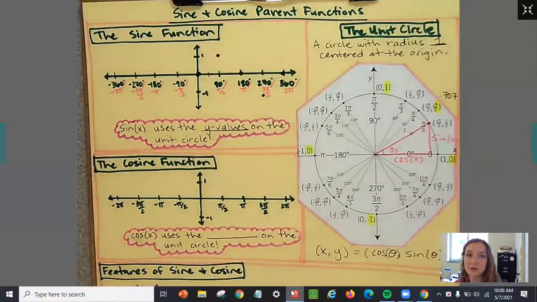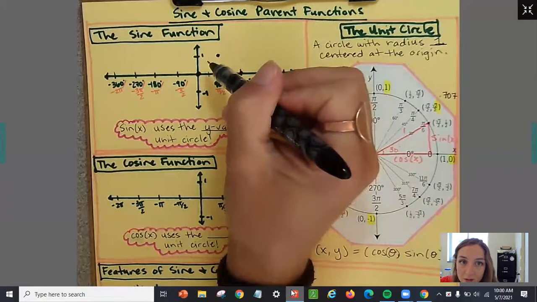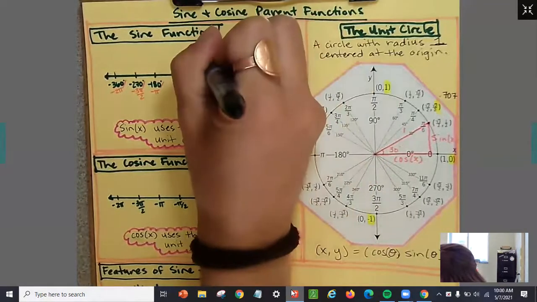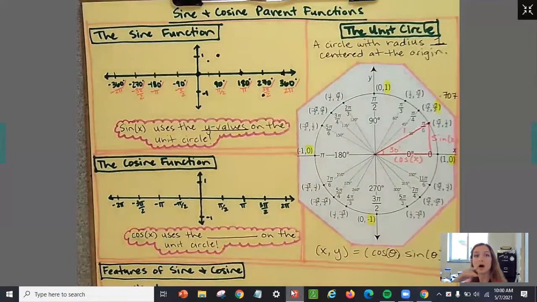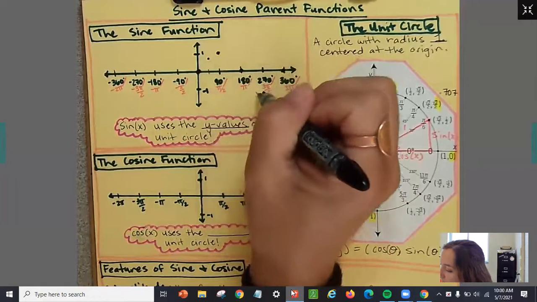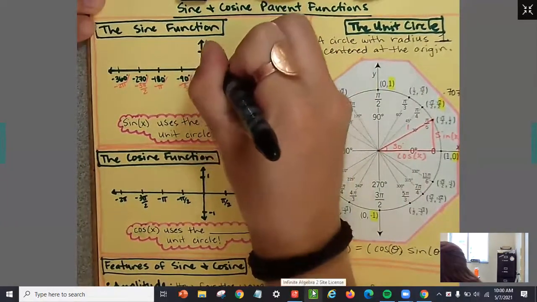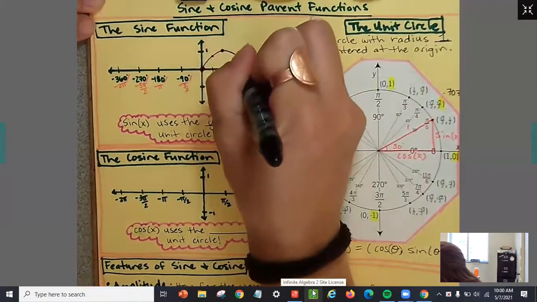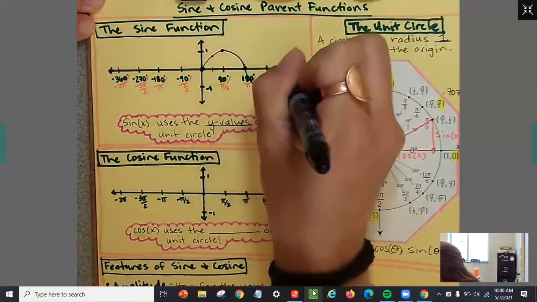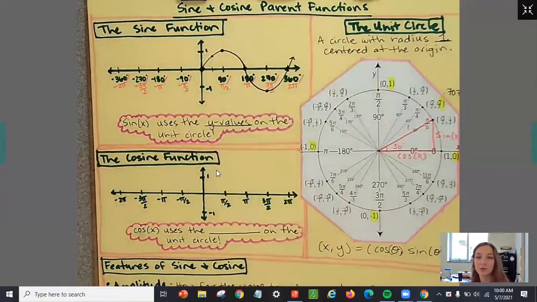Okay, so since it's equal to 0.707, it's going to be a little bit more than half here. So it's going to be about right there. Okay, so making this wave, it's going to look something like this. So let's go ahead and draw this half of the wave. And there we go. Okay, so we've drawn the right half of the wave.